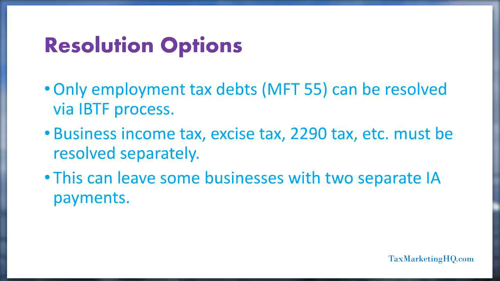When I used to focus heavily on 2290 work, we'd usually have a 2290 IA and then a 941 IA as well. So keep this in mind, but the majority of the clients you work with, especially if they're pass-through entities, are obviously not going to have business income tax. Most of the businesses that we deal with are going to be service businesses, so they're not necessarily going to have excise tax situations. And unless you're dealing with truckers, you're not going to have the 2290 tax.